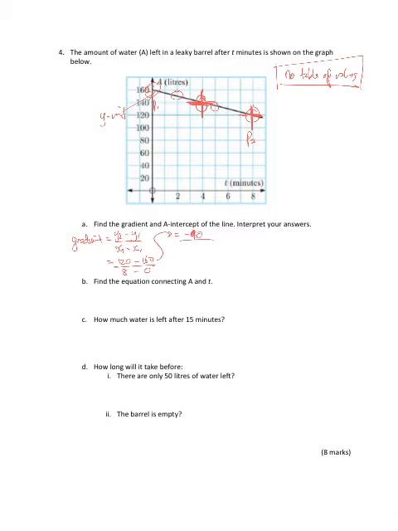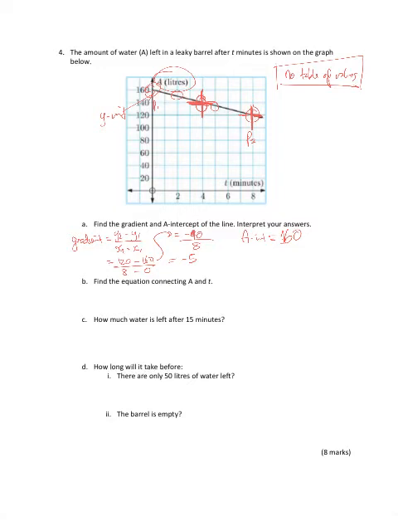Negative 40 over 8 take 0, which is 8. And there's 5 8s in 40, so it's going to be negative 5 over 1. And so negative 5. And then the A-intercept, or well, the y-intercept, but here we're talking A liters, so the A-intercept is 160, because that is where it crosses the y-axis.